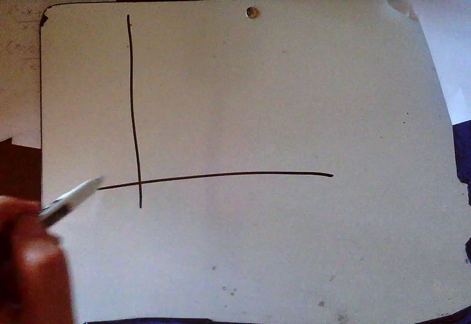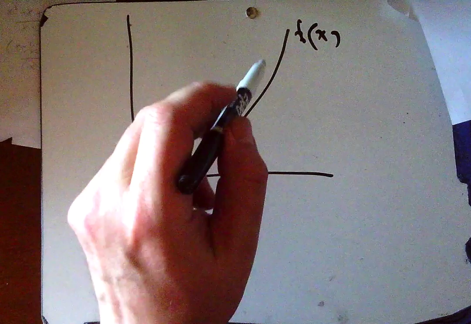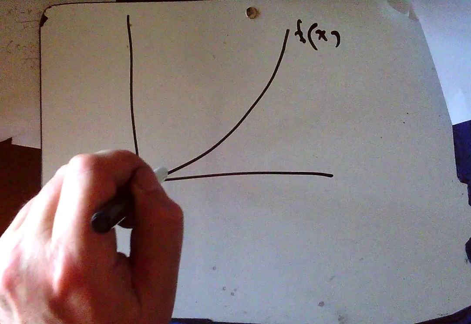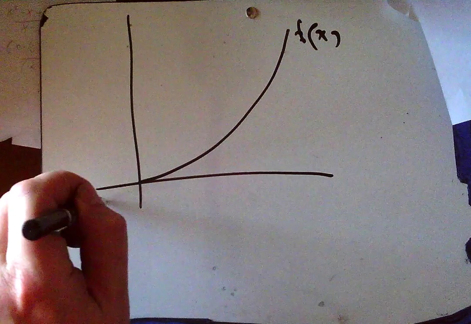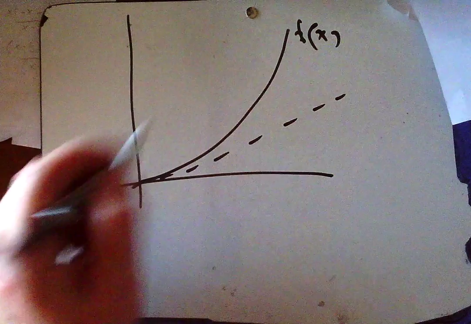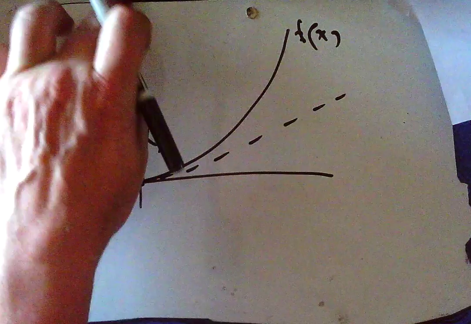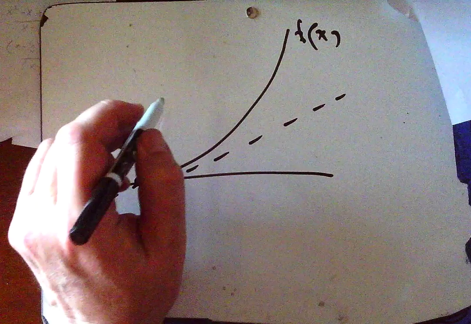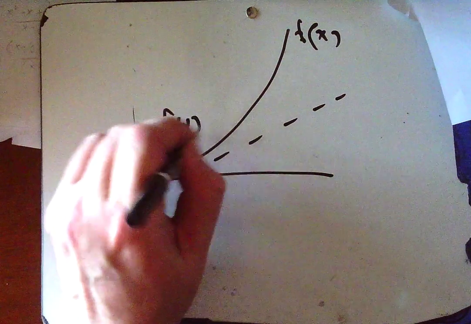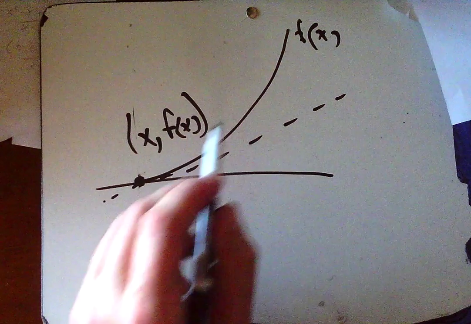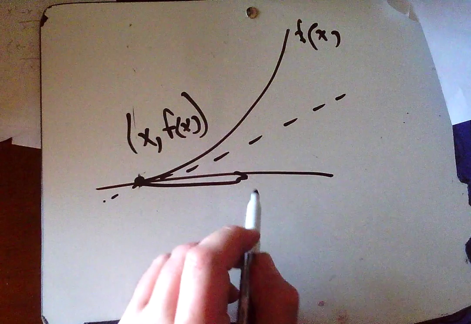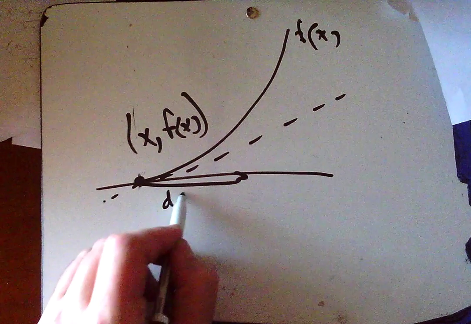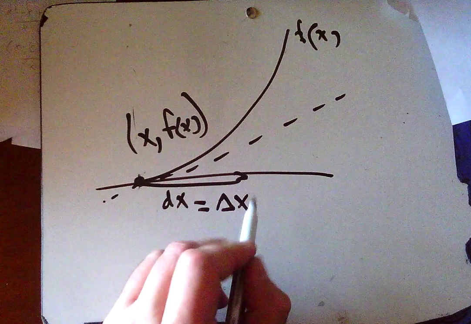Picture. And so this is some function, and I'm drawing a point of tangency here. x, in fact, kind of looks like the origin. I don't necessarily want it to be x, f of x here. And then, we're going to go over a little bit dx, delta x.